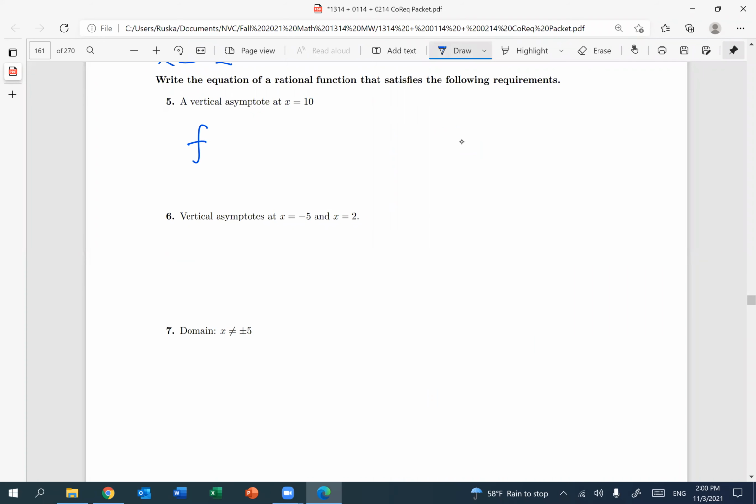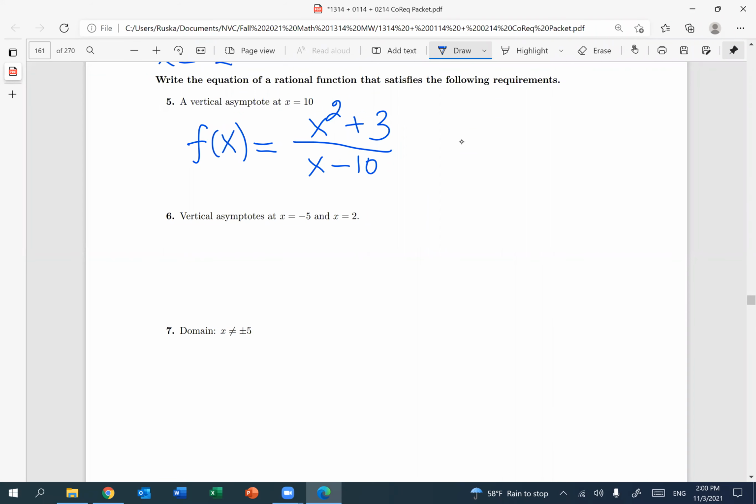So this is how you're going to write it. F of x equals. Now in the top, you can put whatever you want. In the bottom is going to be x minus 10, opposite of 10. I'm going to put like x squared plus 3, whatever you want, doesn't matter. Got it? That's one example.